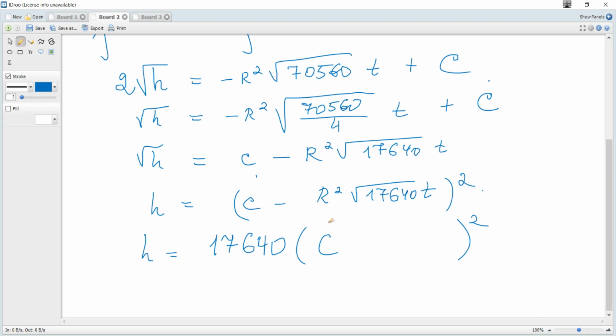I keep c, but in general you may write another, for example b or something like that, and minus R squared t.